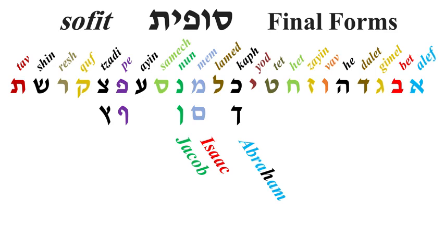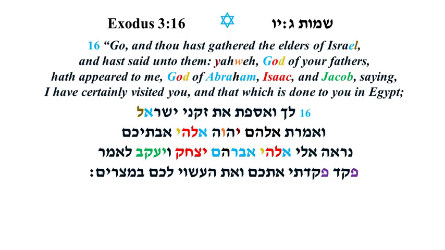Exodus 3:16. It says, Go, and thou hast gathered the elders of Israel, and hast said unto them, Yahweh, Elohim of your fathers, hath appeared to me, the God of Abraham, Isaac, and Jacob, saying, I have certainly visited you, and that which is done to you in Egypt. This is God telling Moses, go and tell them, gather them together, the elders of Israel, and let them know, I am God, I am Yahweh Elohim, and I have visited you.